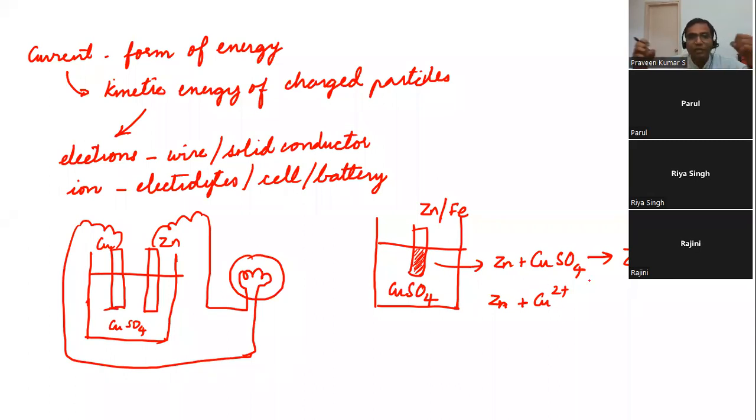It breaks into two ions. Cu2+ gets separated, SO4 2- gets separated. Now look, there is zinc sulfate, and then there is copper. So what is the ion which is constant on both sides?